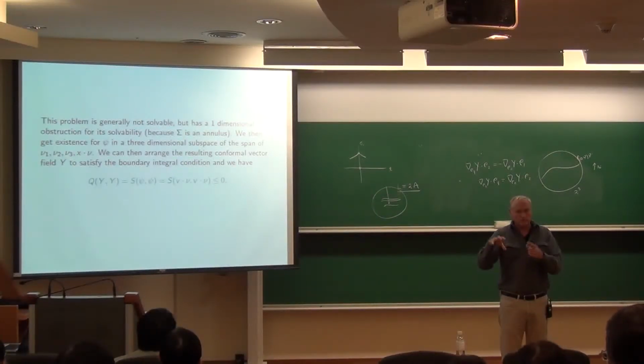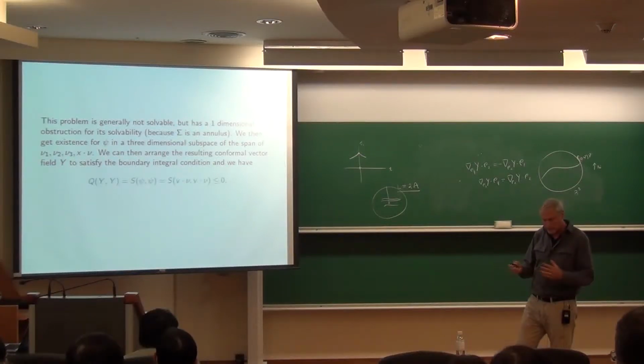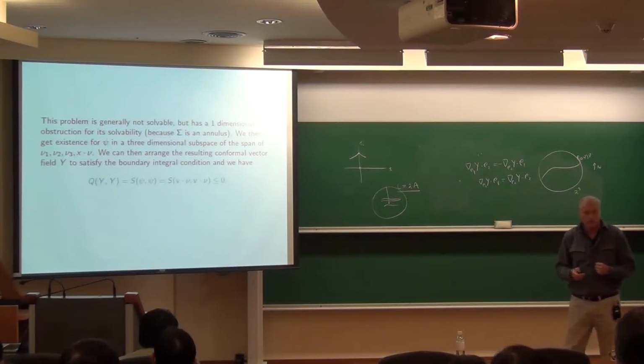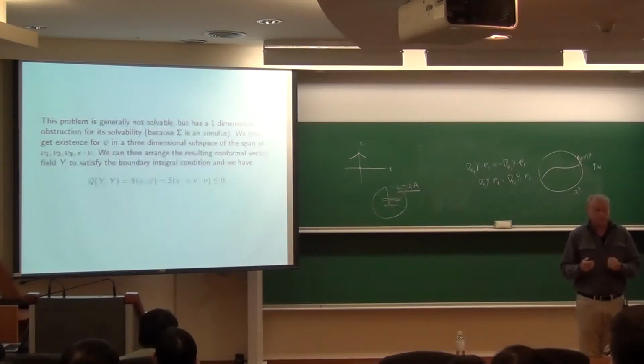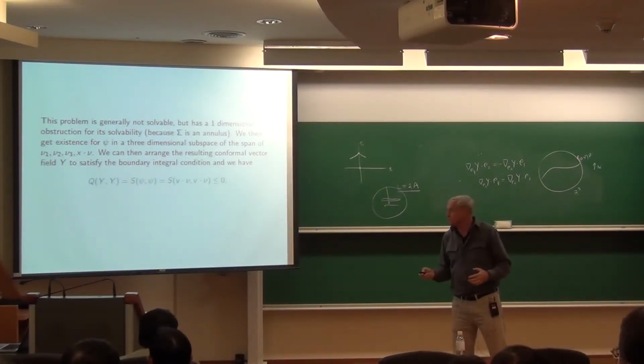Okay, and so in order to meet those three conditions, we need a four-dimensional space of conformal vector fields. And the four-dimensional space is exactly this one. It's spanned by the translations in R^3 and then x dot 2. So those are actually independent, and then you can argue that in fact you have exactly enough freedom to achieve that.